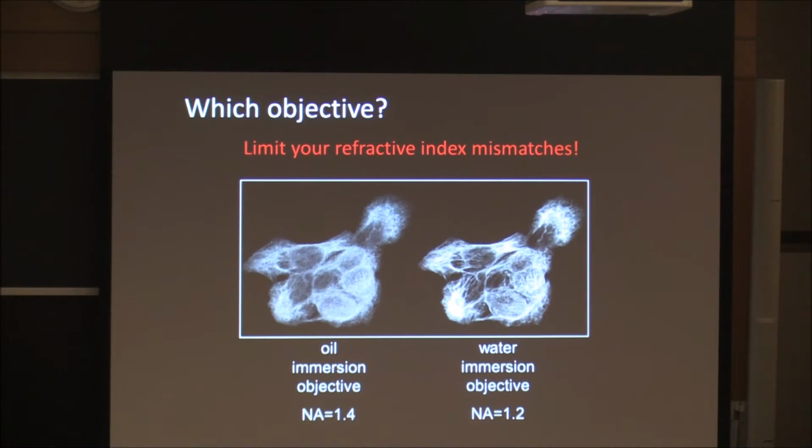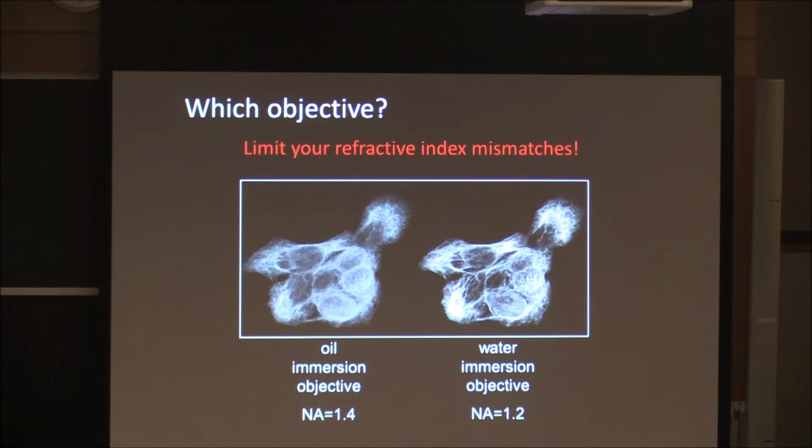Okay? So in live cell imaging, it becomes really important to match the refractive index all the way through your system as best you can. So you have cells that are sitting mainly in water, with a refractive index of about 1.33, and your cells are sitting at about 1.36. So if you put an oil immersion objective under there, you're now going into a glass cover slip that's about 1.5, 1.52, and then into immersion oil that has the same refractive index as that.